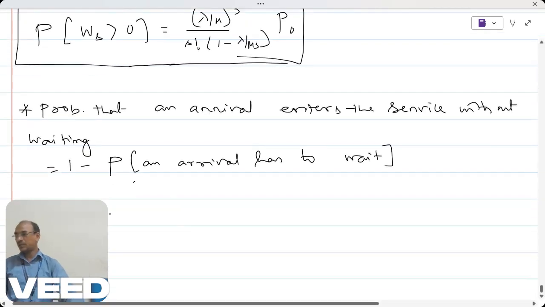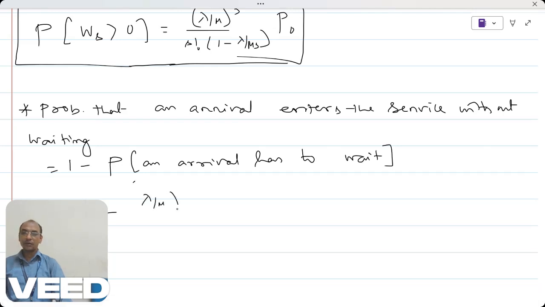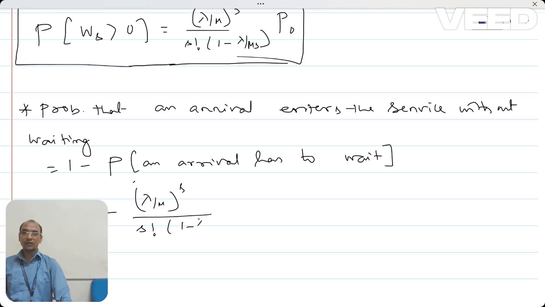So this will give you 1 minus lambda by mu to the power s divided by s factorial, 1 minus lambda by mu s into P0. This is the probability of an arrival entering the service without waiting.